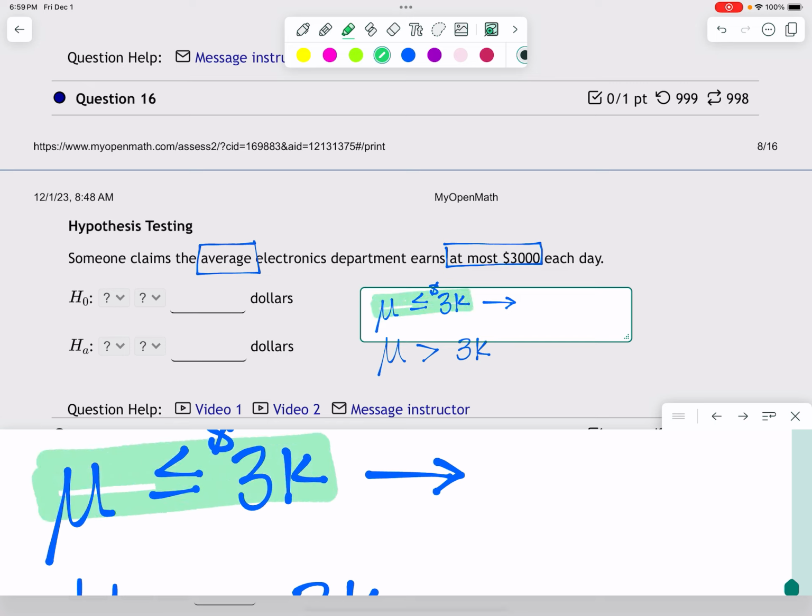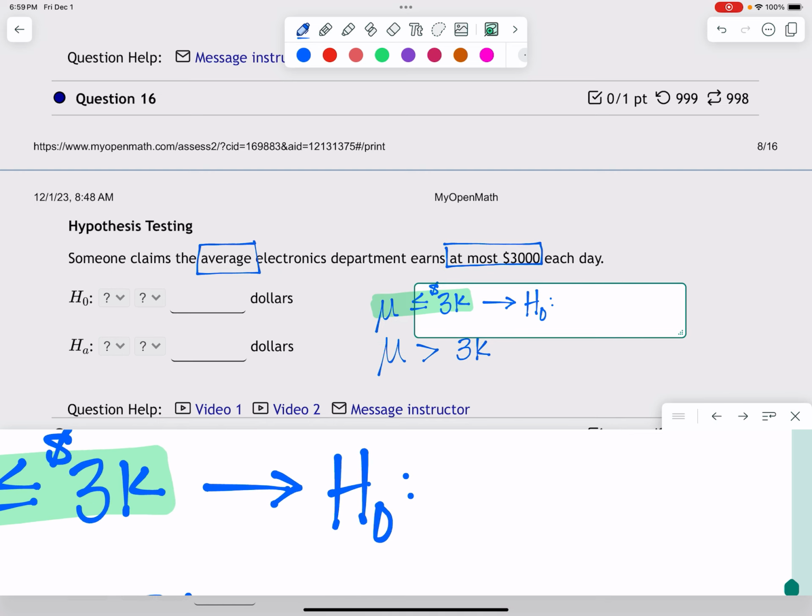This top one, our original claim, but don't write with the highlighter, has the equality part, so it is going to be the null hypothesis.